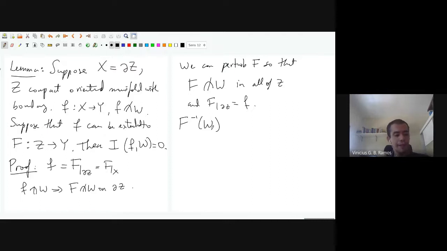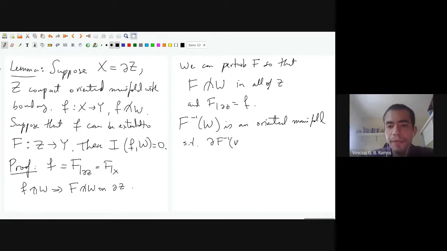This is an oriented manifold such that the boundary of this is the little f inverse of W, with potentially a plus or minus sign, because it depends on the codimension of W. But it doesn't matter. What is the dimension of the inverse image of W?